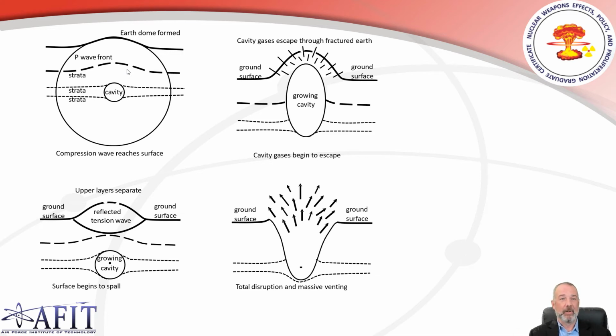at the surface. So if it was some kind of hard rock or conglomerate or something densely packed, holding itself together, this meeting of the tension wave and the primary pressure wave will just break it all apart, which helps for the next stage. All of the gases, and that heat and that pressure that we've produced from our nuclear detonation, are going to want to get out, and it's mostly going to go up, because as you move up, atmospheric pressure becomes lower, and a high pressure area wants to move to a low pressure area.